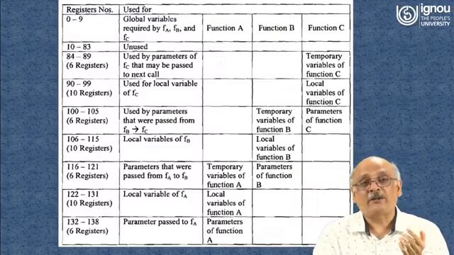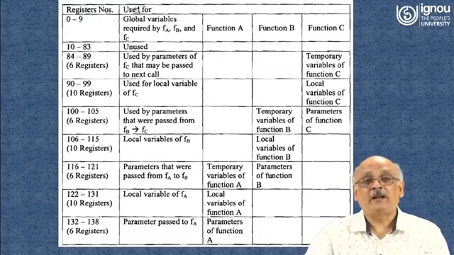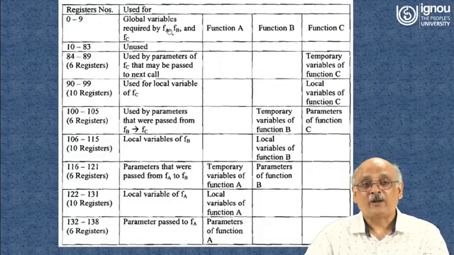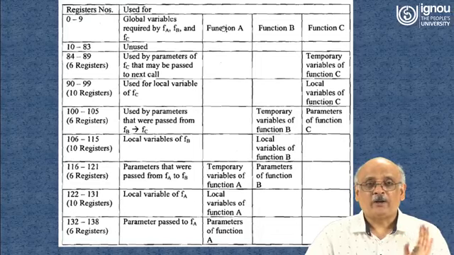Now how was that reduced? Well, this is what I would like to state. Suppose in a RISC processor you have registers 0 to 9 storing the global variables. Suppose 10 registers are good enough for storing the global variables, and for each function you require around 32 operands, roughly 32 registers.